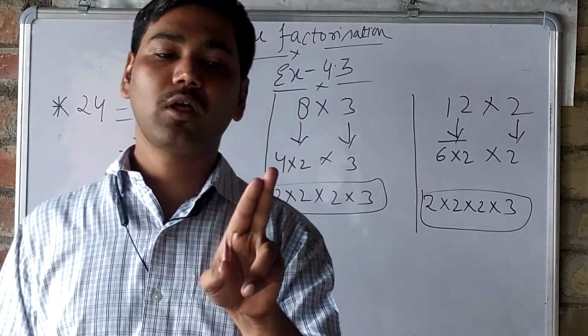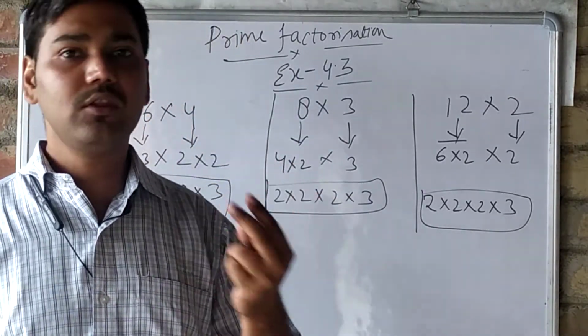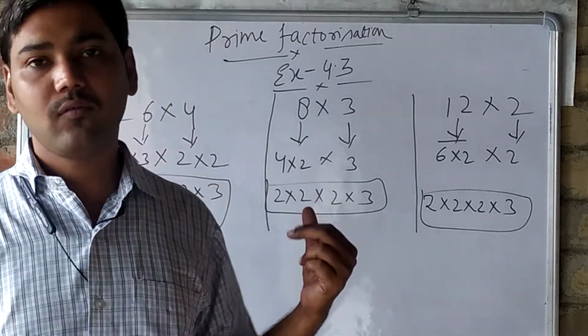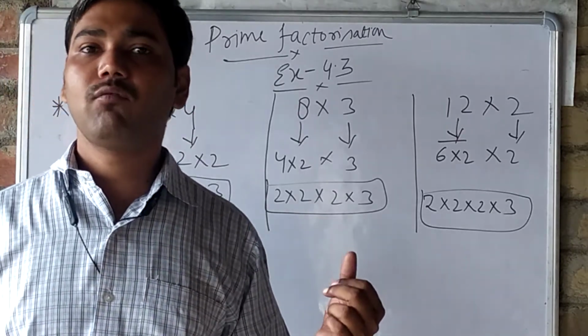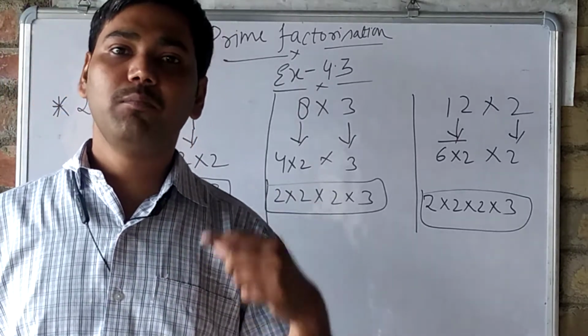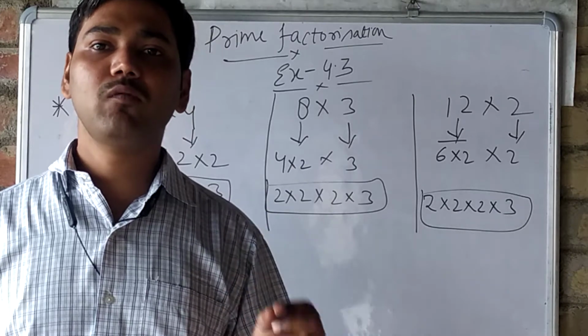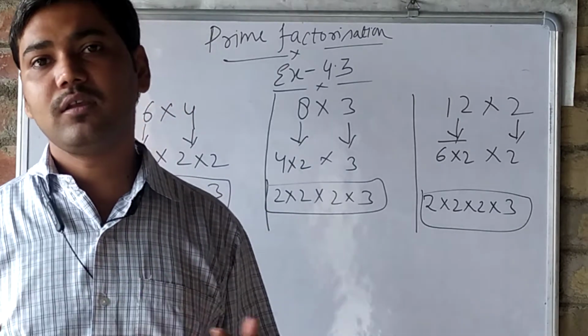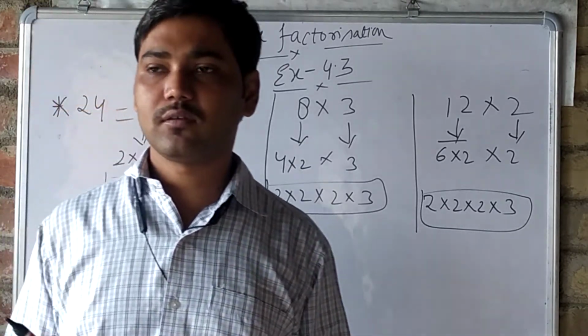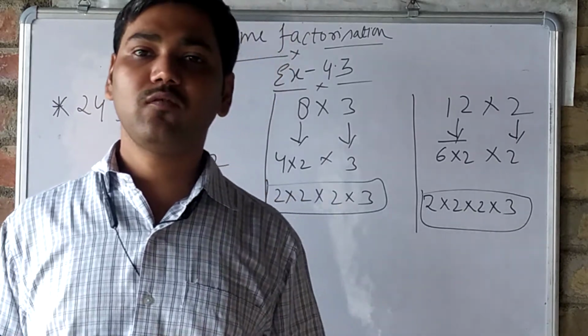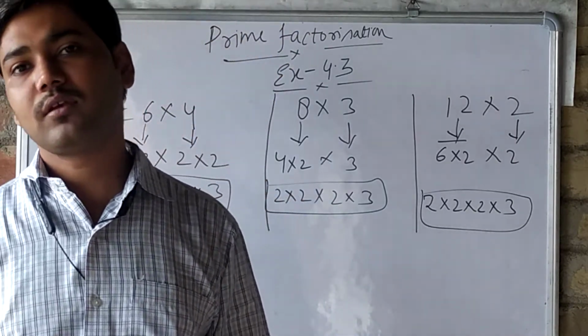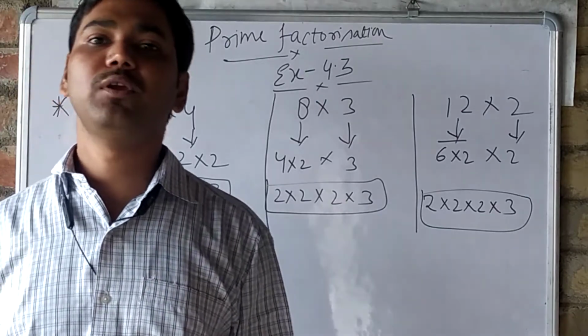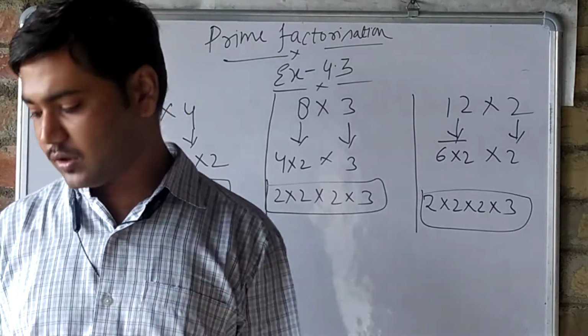Any two values we have to know. Then we start breaking those values till we get prime factors in each case. Only after getting prime factors can we say that we have completed the solution.